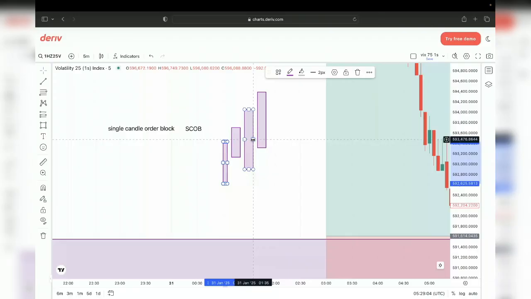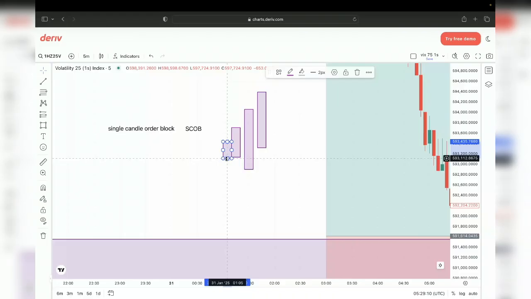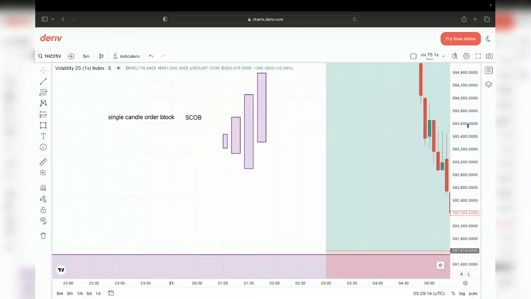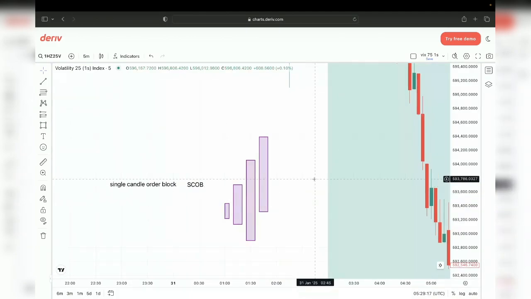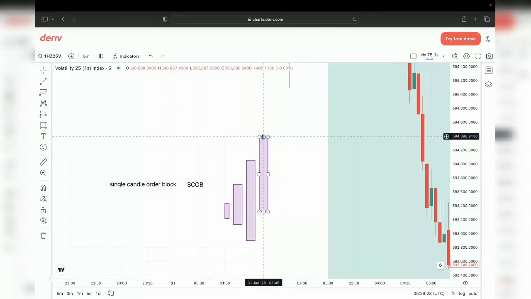Now, how do you enter the single candle order block? Do you enter immediately, or do you set limits? That's the question most of you might be asking. If you want to set limits, it's your own business. If you want to enter immediately, it's still your own business. But the way I trade it, the moment this candle closes above, I enter immediately.